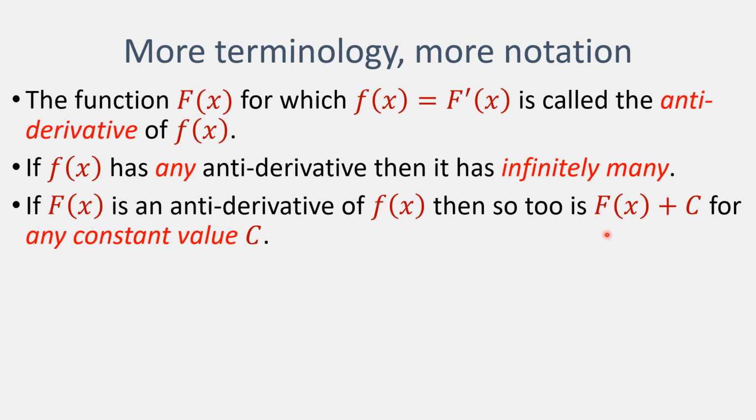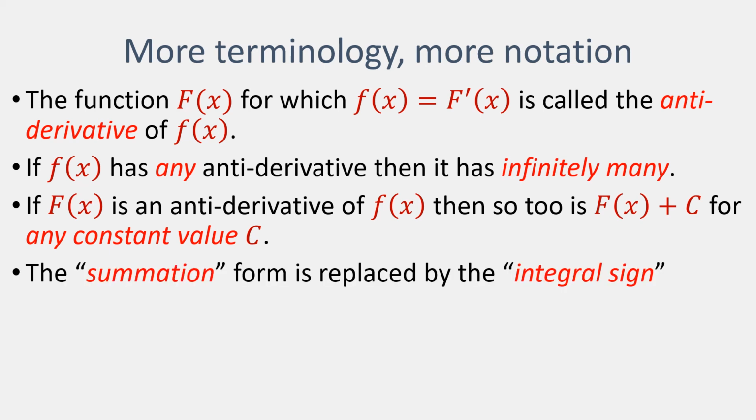Then if we add any constant value to the function, that's also an antiderivative. So obviously we have infinitely many constant values, we get infinitely many antiderivatives. So that's one problem. In differential calculus, we don't have that problem. If a function has a first derivative, that first derivative is unique.